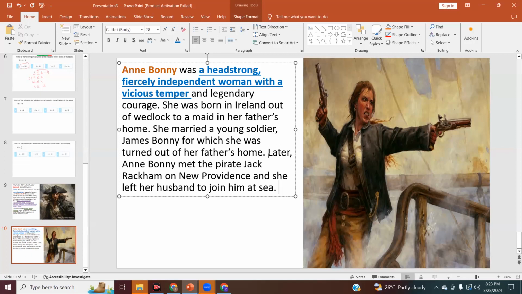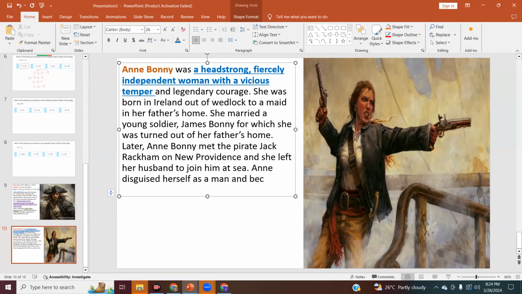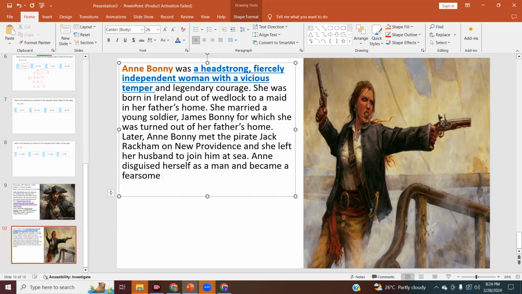So she went with Rackham to join him at sea, and she disguised herself as a man and became a fearsome pirate. That means she beat plenty of men who were afraid.